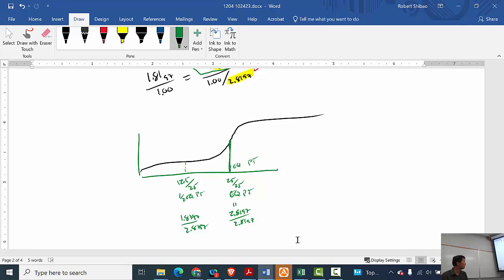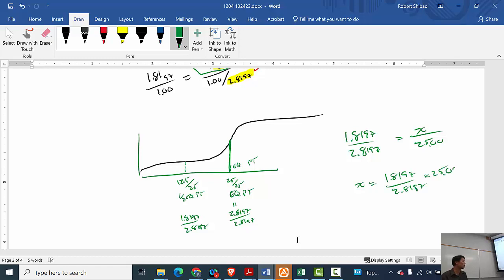And so this is all I'm going to do. I'm just going to take 1.8197 parts out of 2.8197, equal to x over 25, because 25 is the most. So all I'm going to do is take this fraction and multiply by the total. And so x is equal to 1.8197 over 2.8197 times 25.